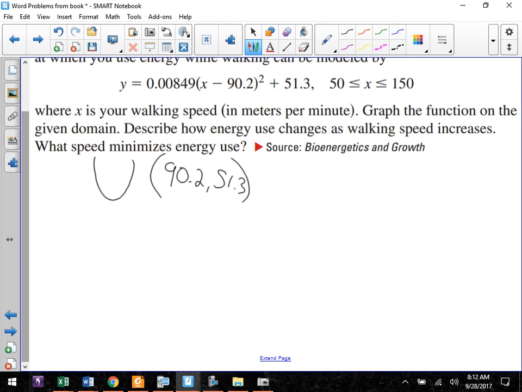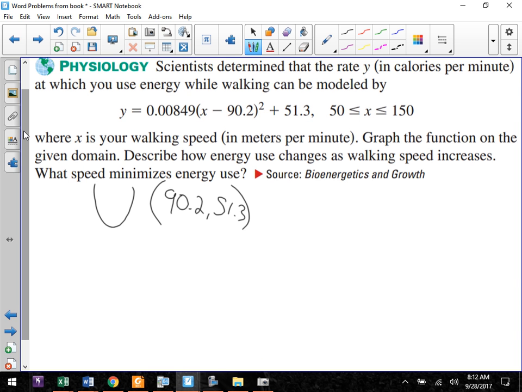It minimizes it right there at that value. That's the whole point here, guys, understanding what this means. This y value is your energy use. x is your speed. This is the vertex. That's a minimum because it's up like a cup.